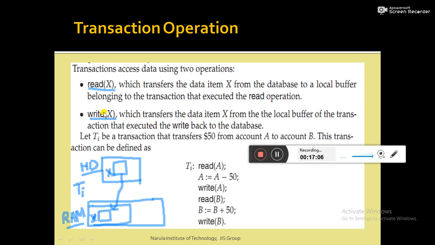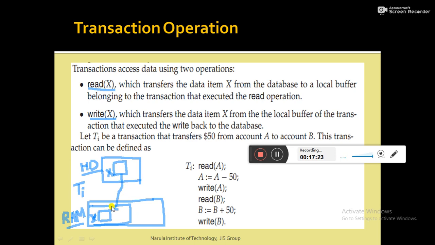And then write(X) operation. Write(X) operation is just the opposite of read(X) operation. Write(X) transfers the data item X from the local buffer of the transaction that executed the write back to the database.